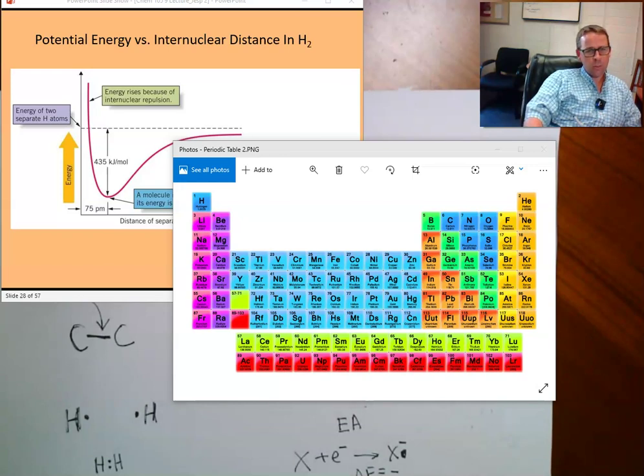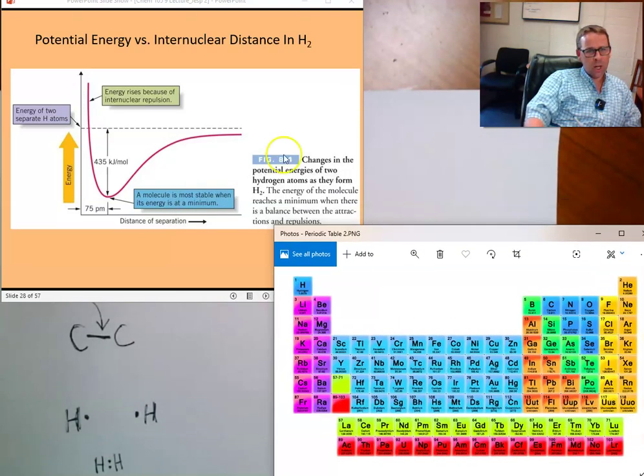For this reason, when you have a single atom of a nonmetal by itself, 2 of them, or any number of them, all by themselves, their energy is relatively high and can be stabilized by approximating 1 atom to another atom. Now, if you get those 2 atoms too close, then they begin to repel each other.